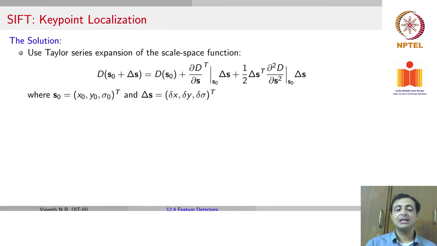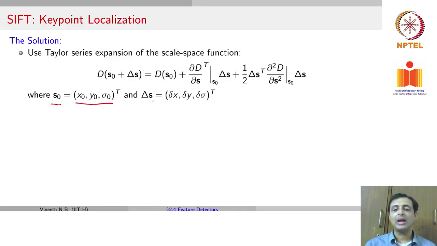The way we find this is we're going to consider a Taylor series expansion. Given an S0, which is given by x0, y0, sigma naught, and a delta S, which is given by delta x, delta y, delta sigma. So S0 is the minimum or maximum coordinate and scale location that we already have found in the earlier step, in step 1.